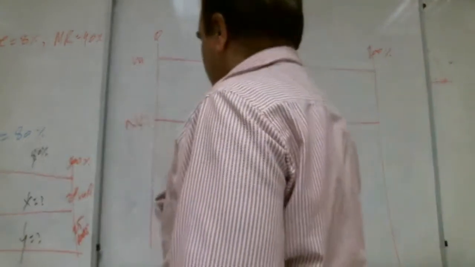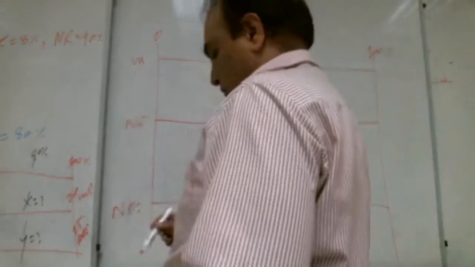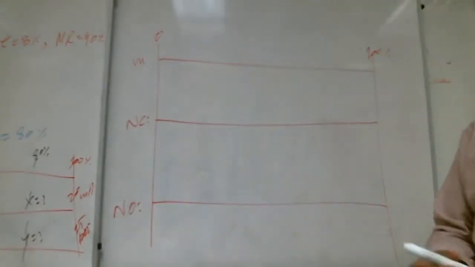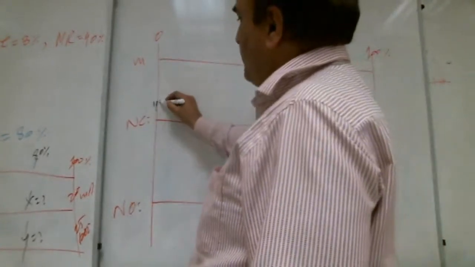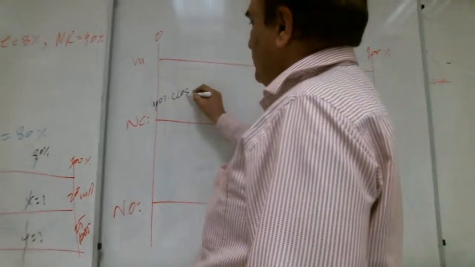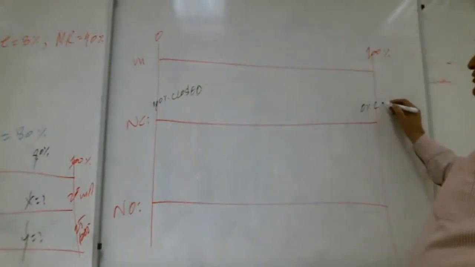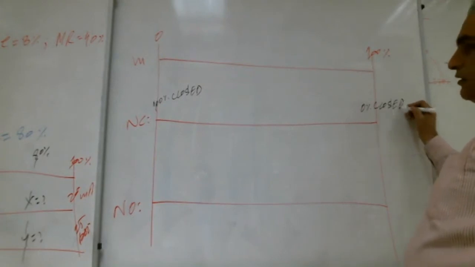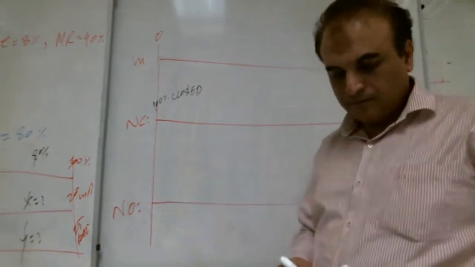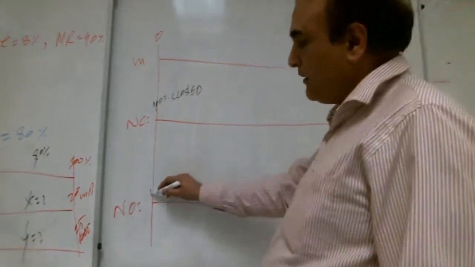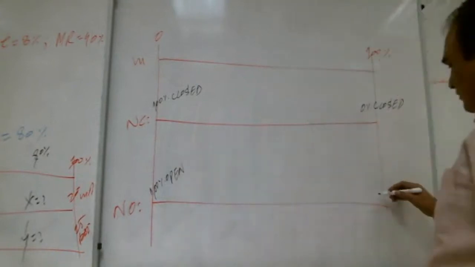Normally closed valve, normally open valve. Both valves he is asking. Normally closed valve at 0 signal is 100% closed. Here it is 0% open, and here 100% open.